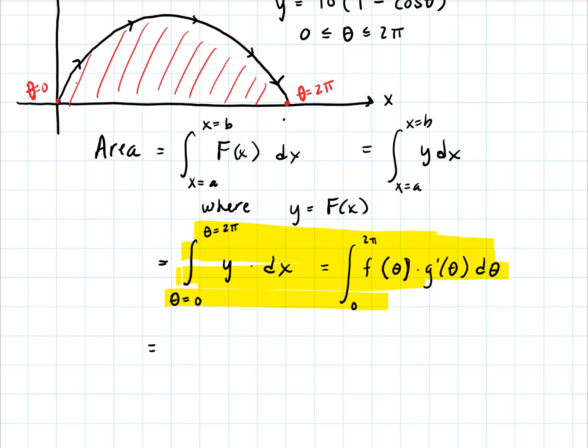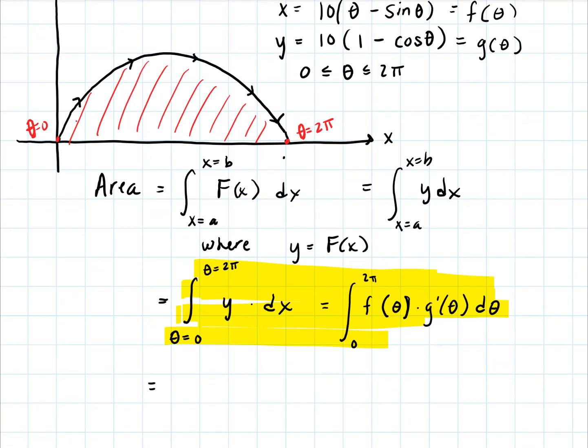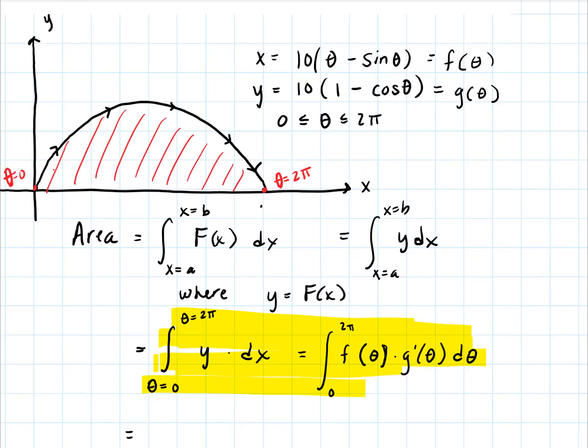So now we're ready to find it. By the way, just one other little connection, through the way we define these parameters, this is your f of theta, and this is your g of theta. As I did that, guys, I just realized I made a mistake.